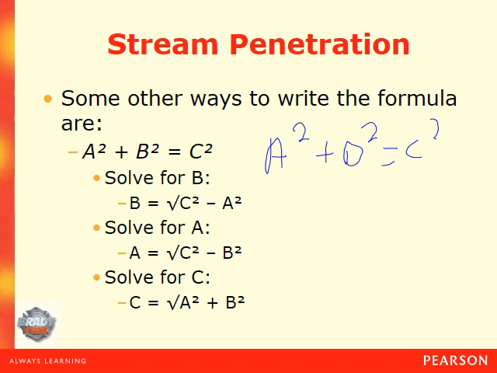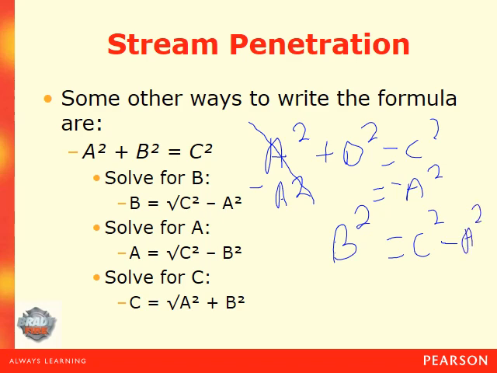So all we have to do is subtract a squared from this side and a squared from this side. So now when we subtract the a squared here, that cancels out. So that leaves you b squared, which equals c squared minus a squared.